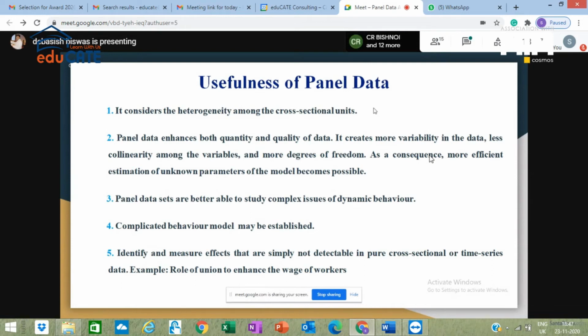And the second importance is that panel data enhances both the quantity and quality of data. How?